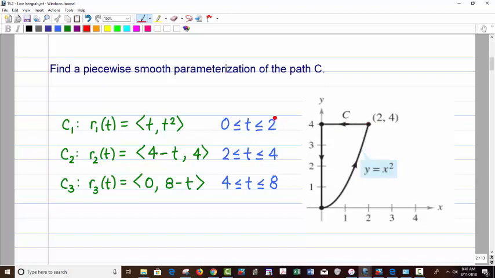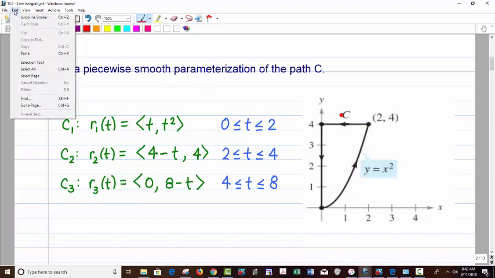Now, whatever you finish your t with, you have to start with that t for the next one. You can't go back to 0. If you finish with 2, you start with 2. So we'll have to make our parameterization work on the fact that it's based on 2. Now, here's some little tricks on this. You can see that as we go across horizontally to the left, y is always going to be 4. But you see that x changes.